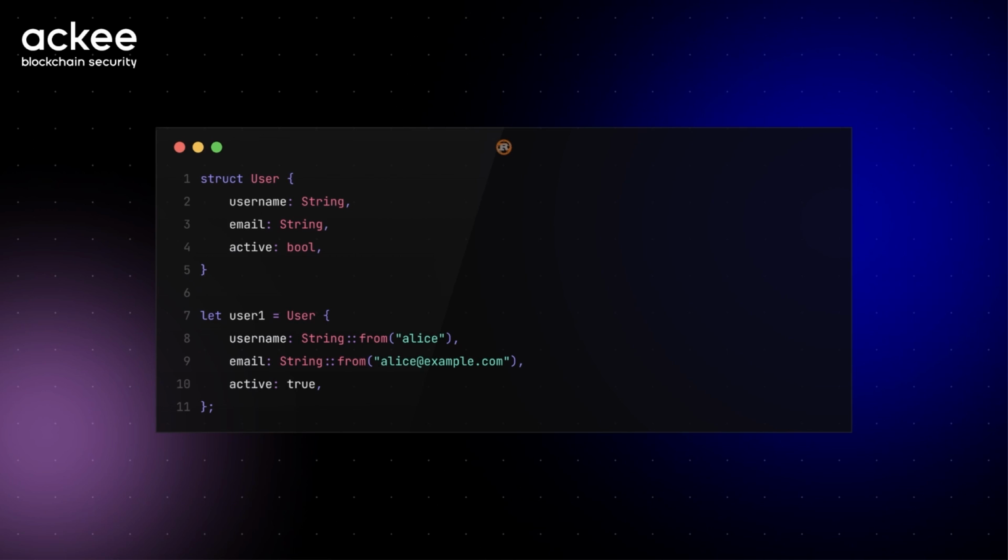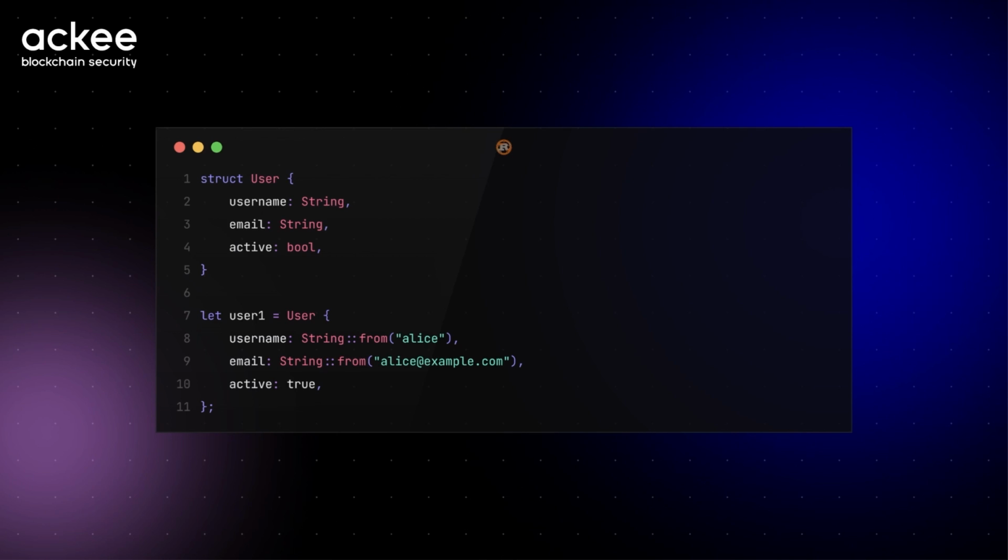So in this case, if you would like to define multiple data about the user, you can group the data into the user struct, and it tells you the username of the user, email address, and if it's active. Then on line 7, you can see how to actually create an instance of the user struct. So we create an instance, which is actually the variable called user1, and then we create a new object.